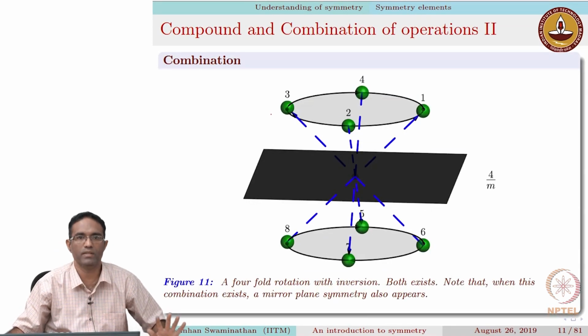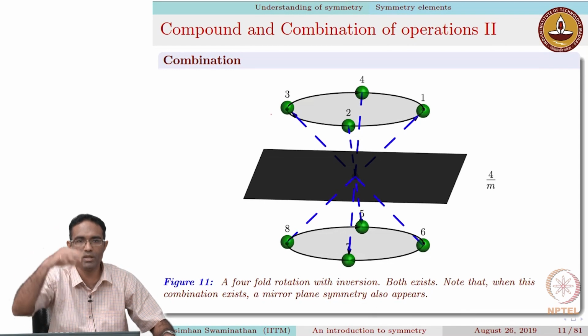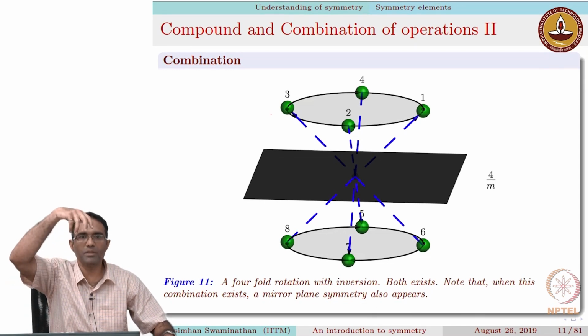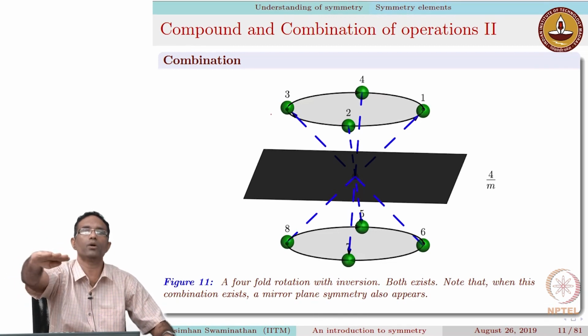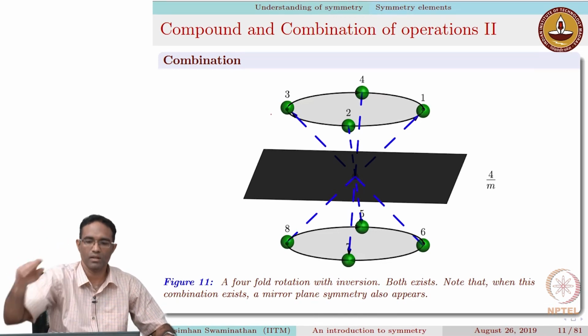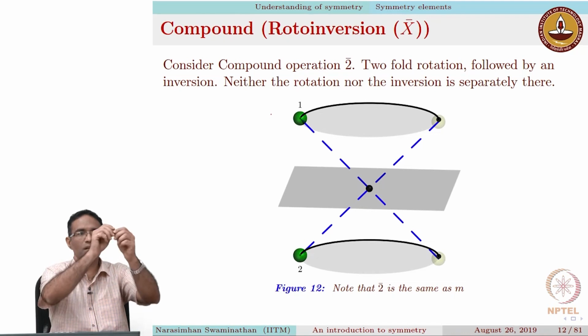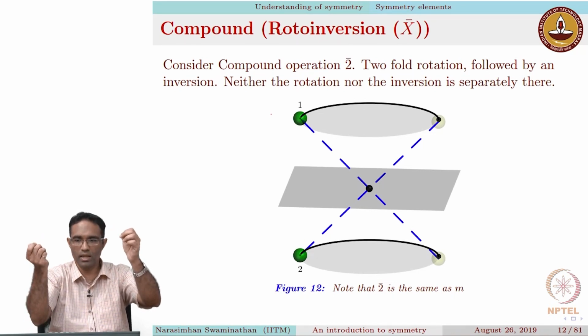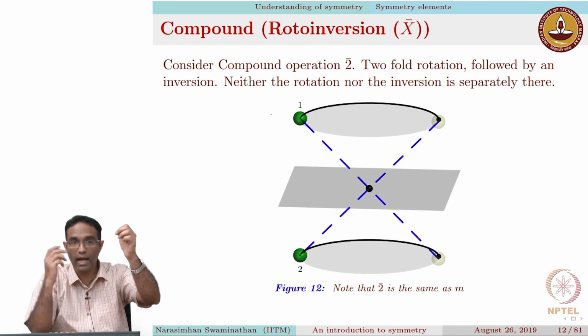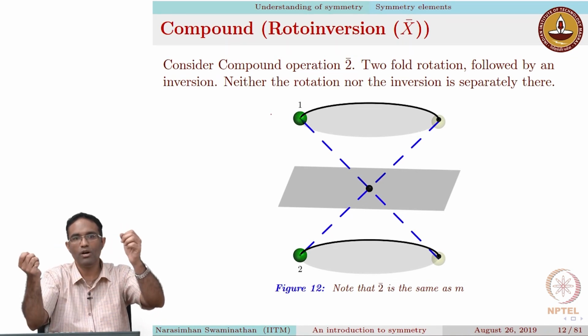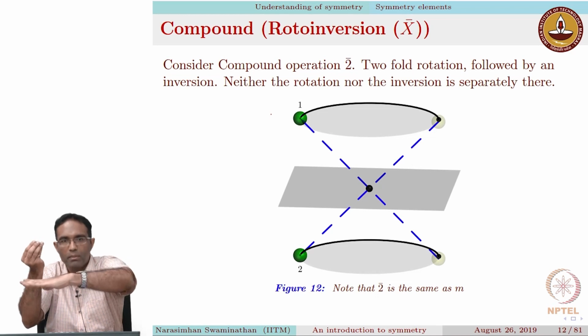Yes, always. If I write 2 over M, it means that the symmetry elements that are present are a twofold rotation and a mirror that is perpendicular to it. In S2 also? No. S2 means a twofold rotation, and then you apply a mirror operation to it.